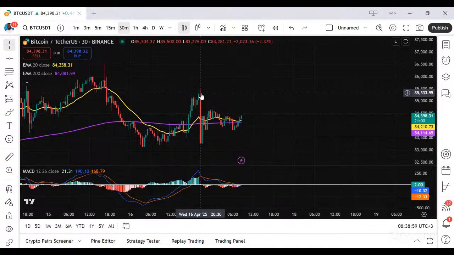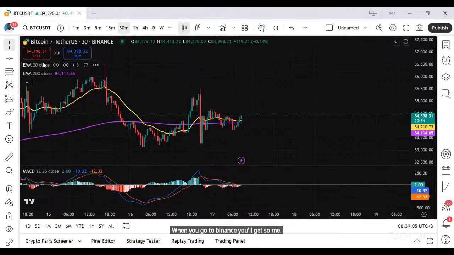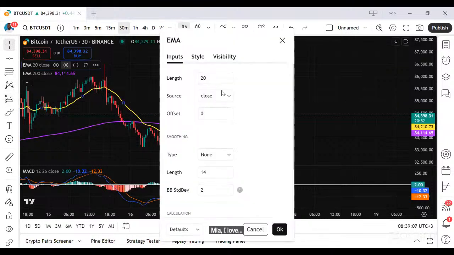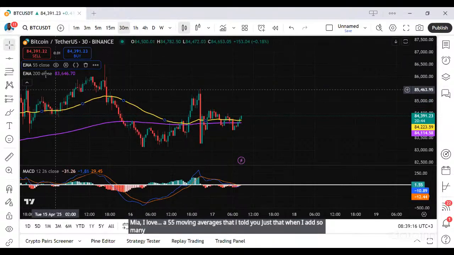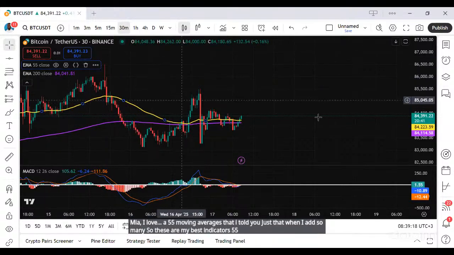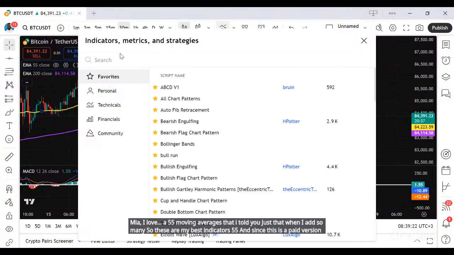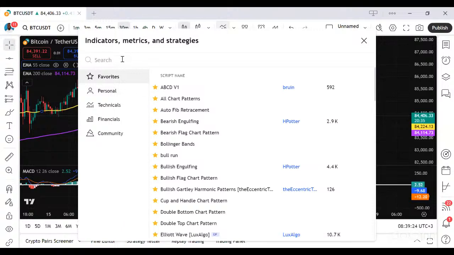So that's why in exchanges, when you go to Binance, you'll get, so I love a 55 moving average. Yesterday I told you that when I add so many, these are my best indicators, 55, and since this is a paid version, I can add in more moving averages.